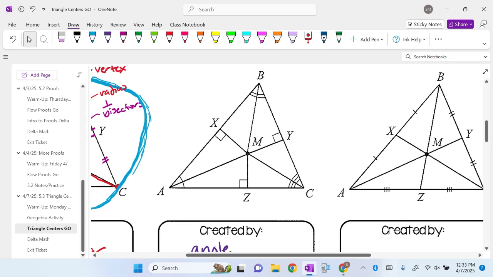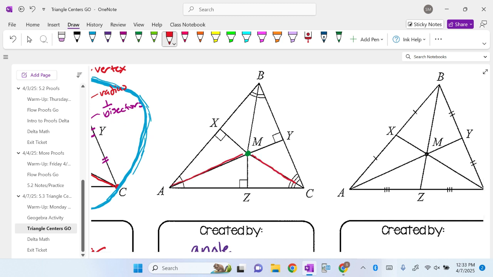So by that, what I mean is if this is the incenter right here, not only do these lines bisect the angles, meaning they cut them in half. So that means these two little angles are congruent, these two little angles are congruent, and these two little angles are congruent.